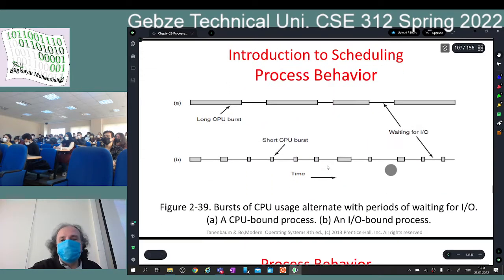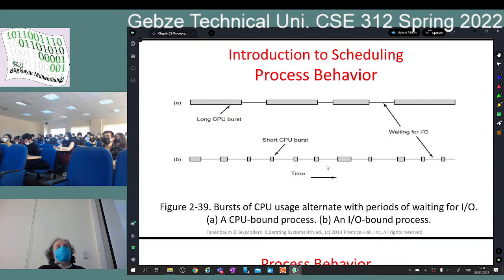Scheduling would have been easy if the processes behaved the same way. If all the processes are doing similar stuff, we can get away with very simple scheduling algorithms, but they don't.